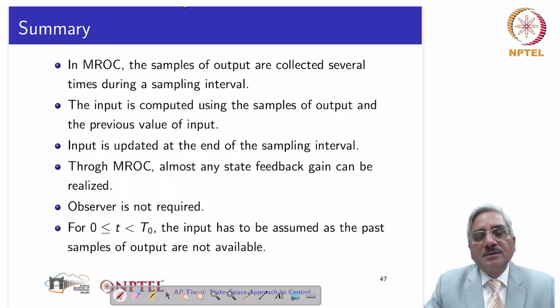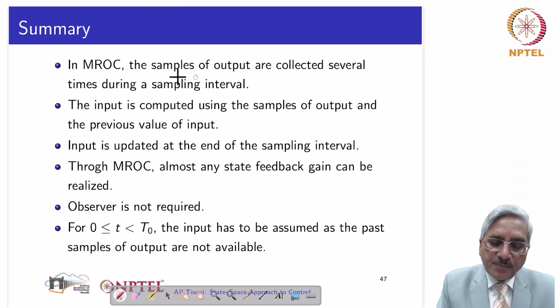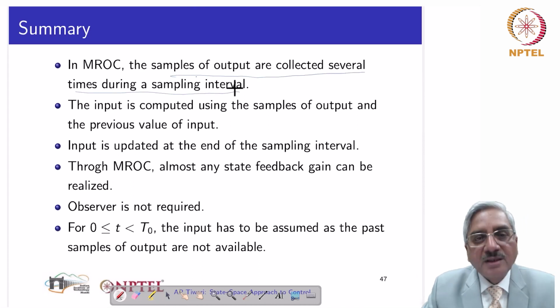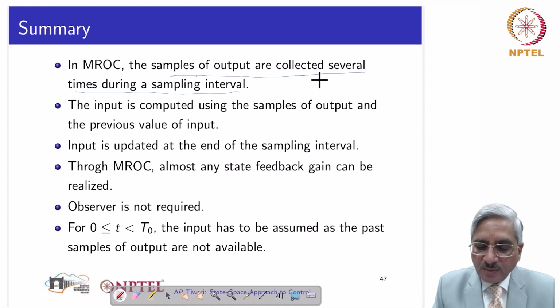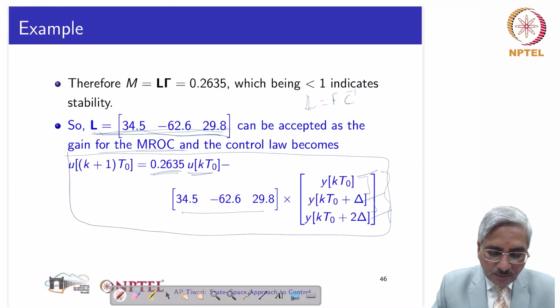We summarize this lecture. In the MROC, the samples of output are collected several times during one sampling interval of the input. So we have a bigger sampling interval T0, in that we collect several times the samples. And then the input is computed using these samples, as we saw, for example, in this one.